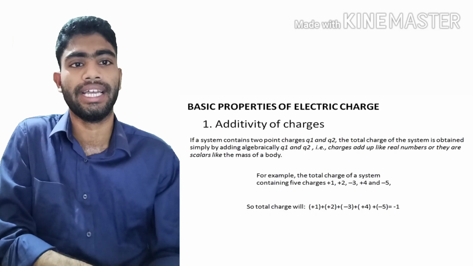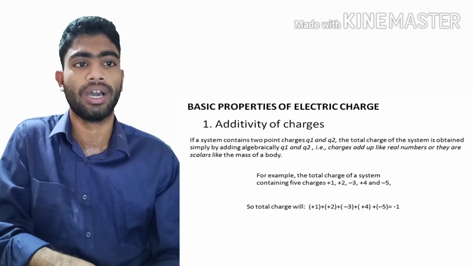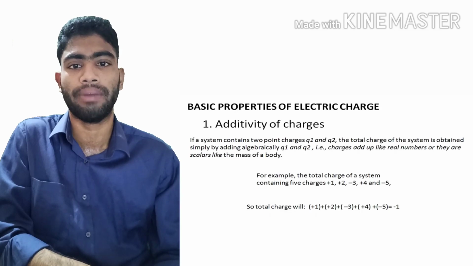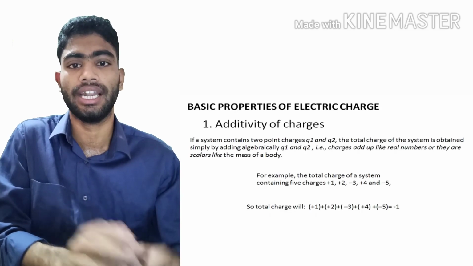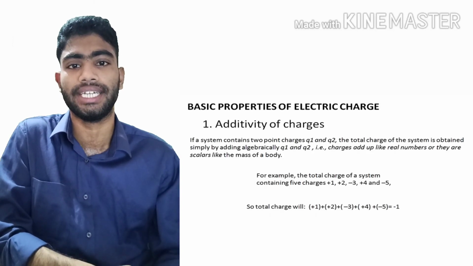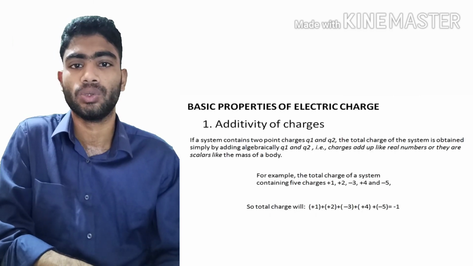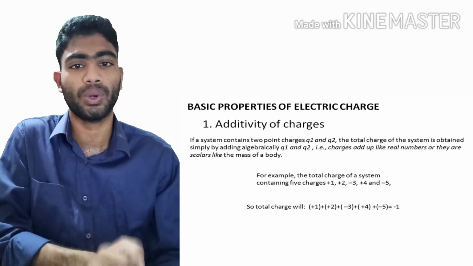Suppose we have a system containing 5 charges: +1, +2, -3, +4 and -5. Let us suppose these are the charges contained in a system, and we have to calculate the total charge in that system. According to the additive nature of the charge, we simply add the individual charges to get the total charge.